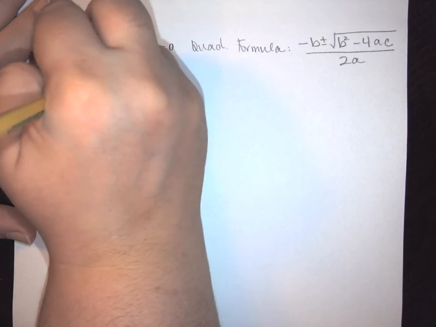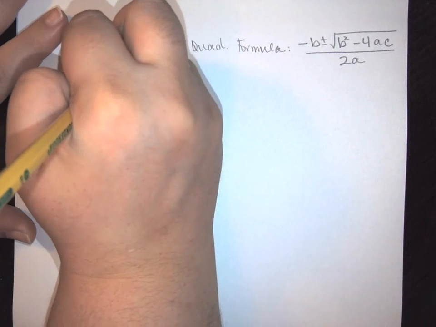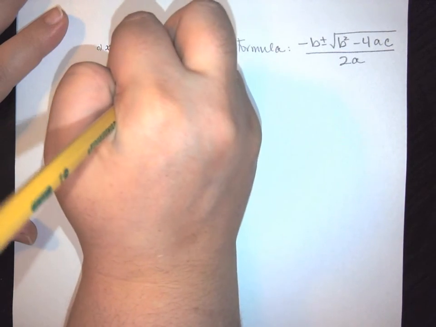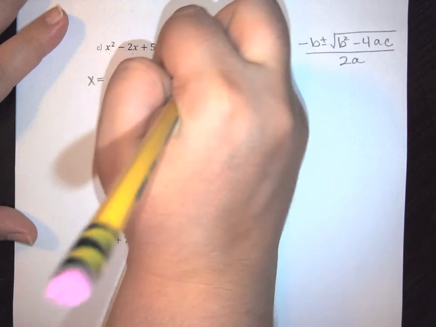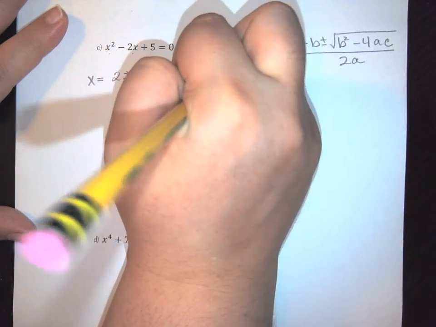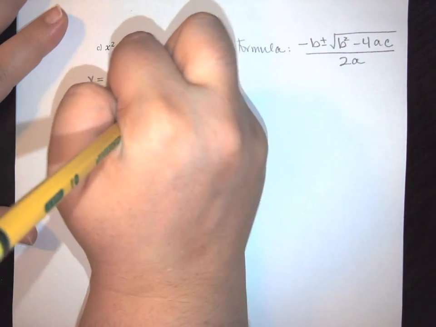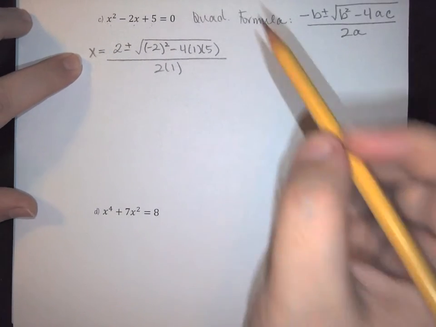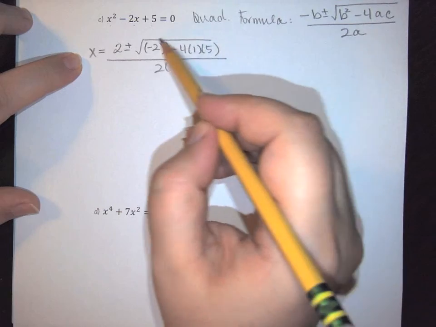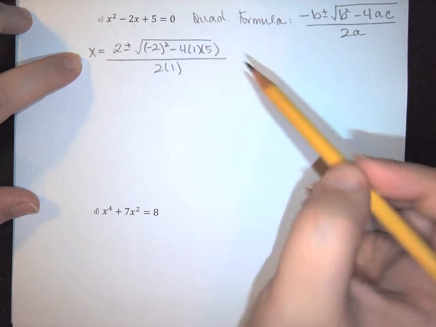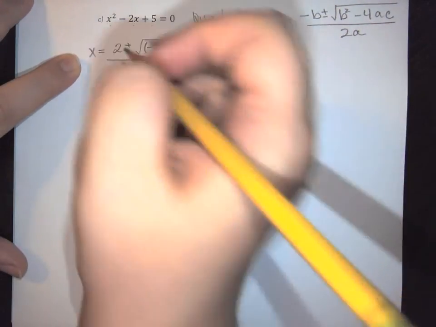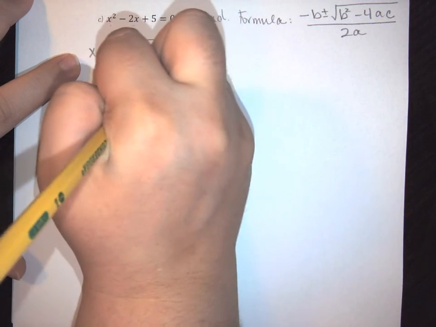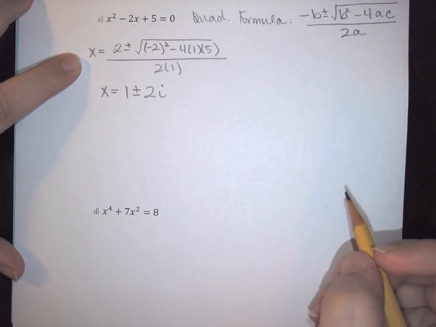So in this case, x is going to be 2 plus or minus the square root of negative 2 squared minus 4 times 1 times 5, all over 2 times 1. Once you write your quadratic formula, you want to simplify under the radical first and then reduce from there. Once you do that, you should come out with x equals 1 plus or minus 2i.